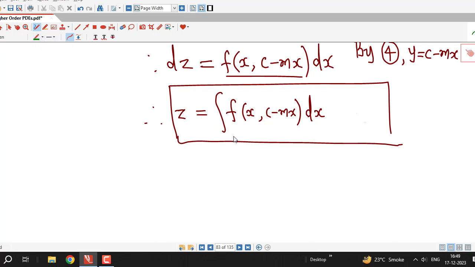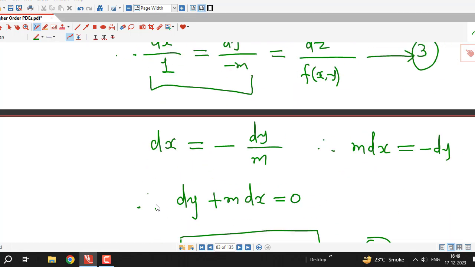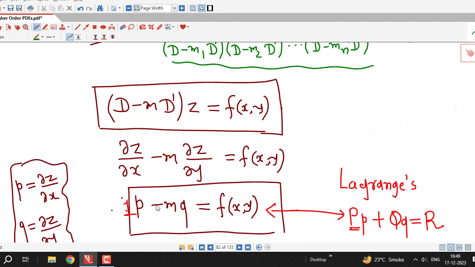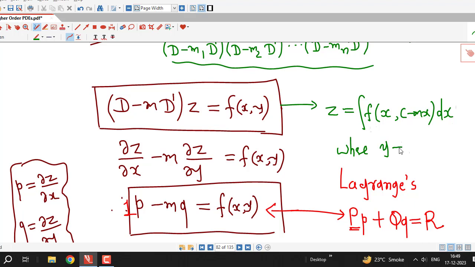Suppose we consider b equal to 0, or we are not writing an arbitrary constant for the particular integral. So you can see I have obtained the solution of this equation (D minus mD')z, which is z equal to the integral of f of x comma c minus mx, where we have used the fact that y is c minus mx.